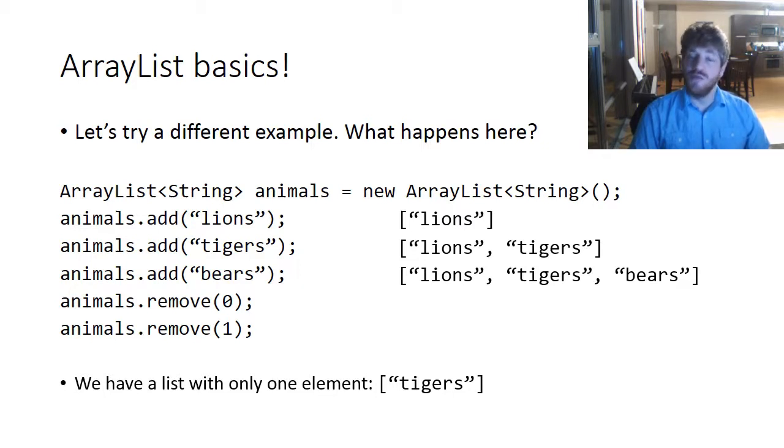Then we remove the item at index 0, which is what? It's lions. That leaves us with tigers and bears. And then from this list, we remove what is at index 1. And that's bears. So that just leaves us with tigers.